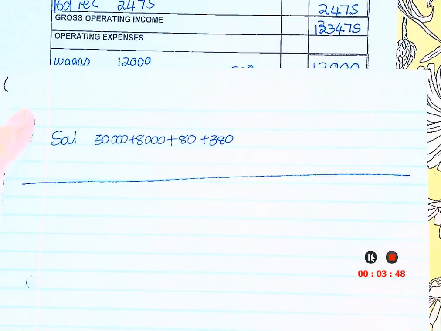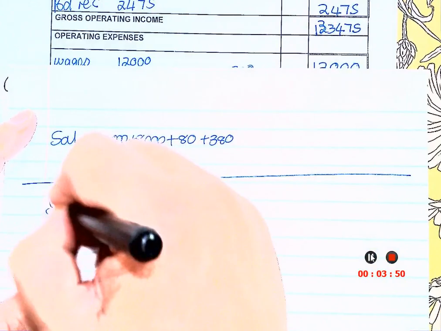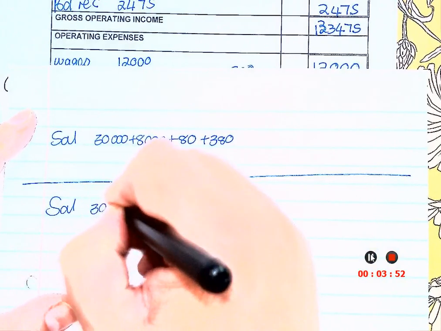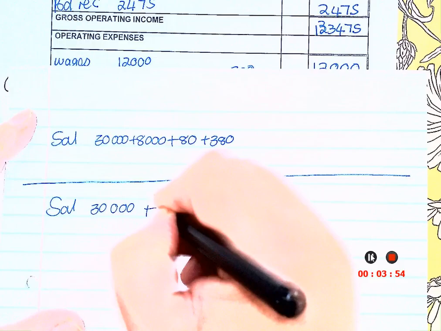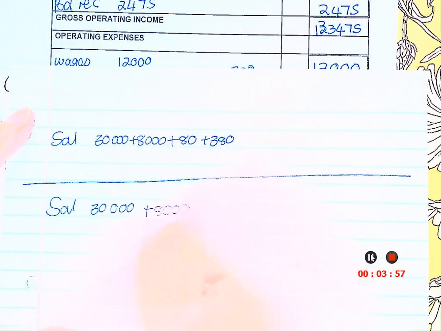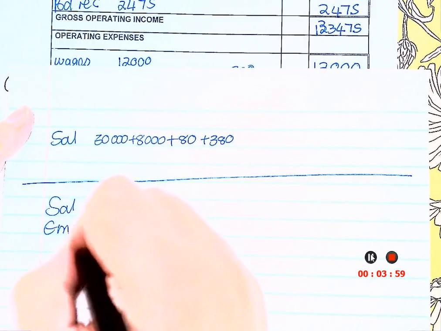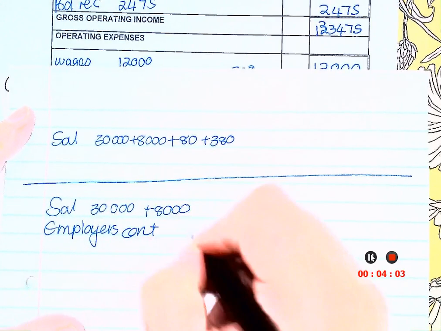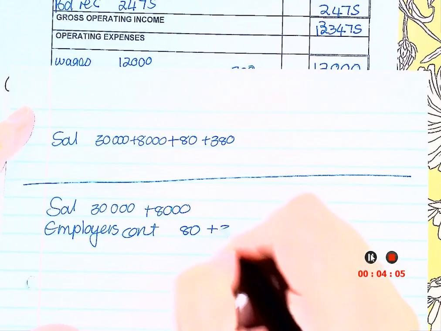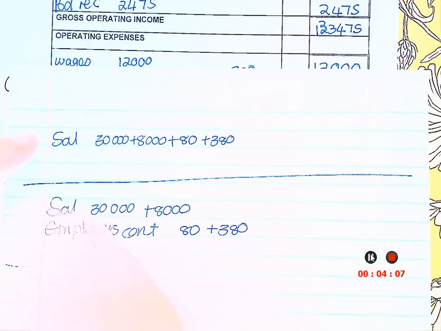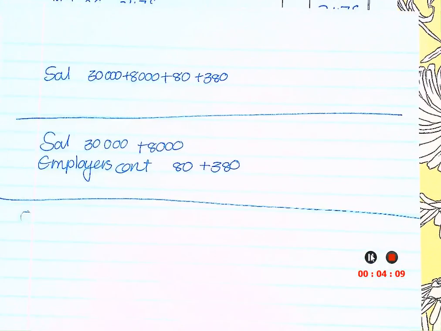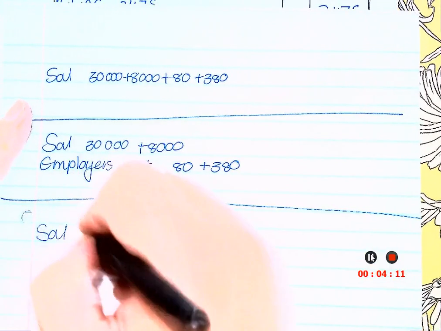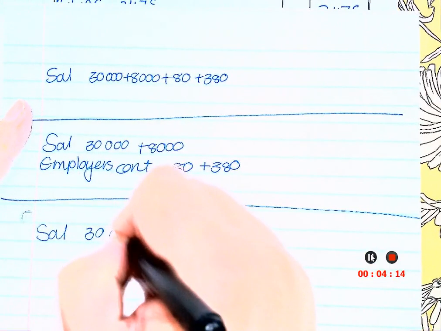The other method, I could have said salary is 30,000 plus 8,000. Employer's contribution is 80 plus 380. Another method, I could have said salary is 30 plus 8.